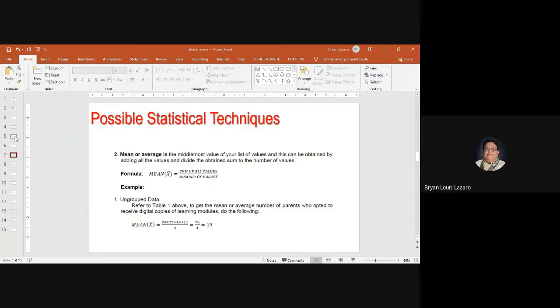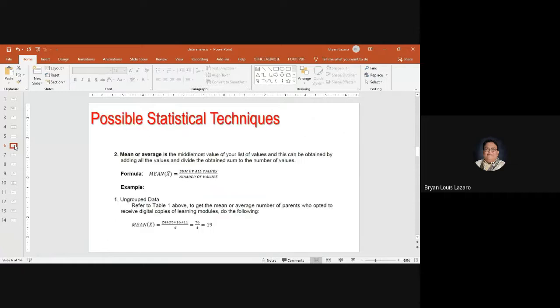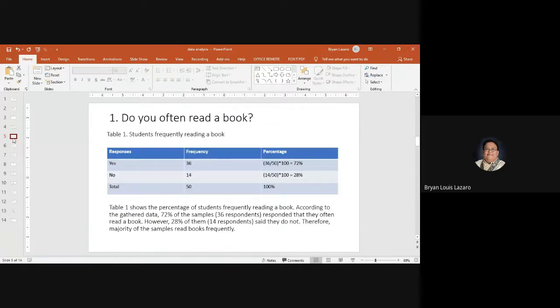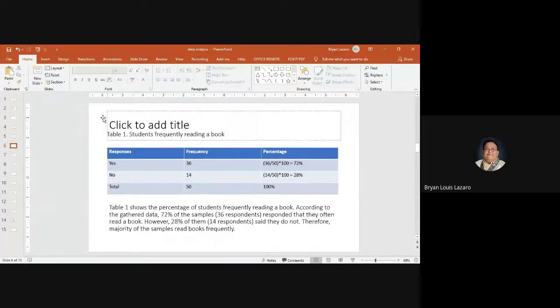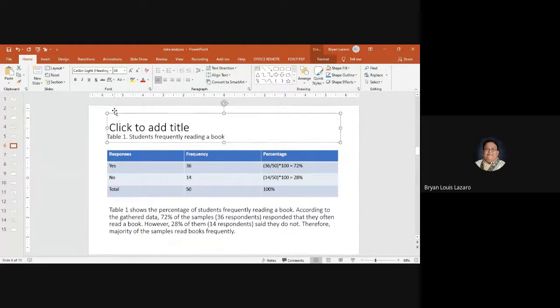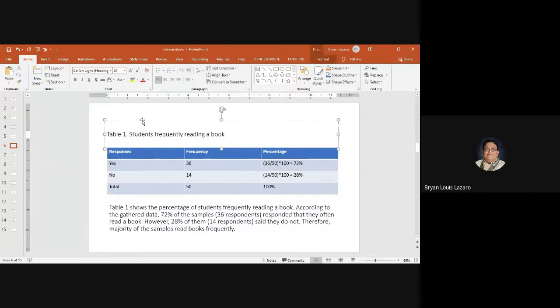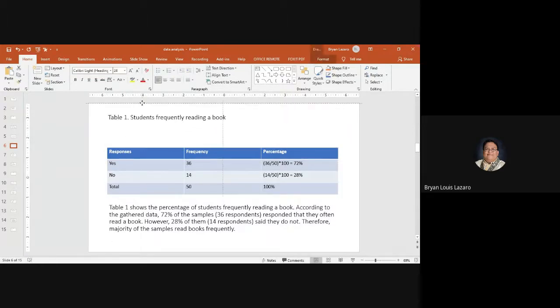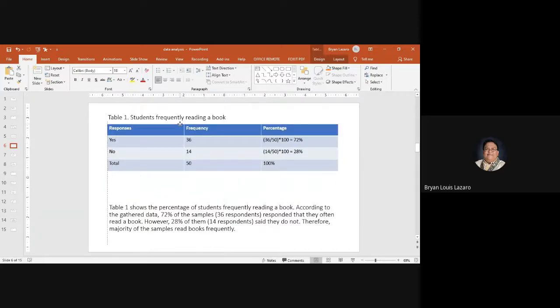Ano bang tanong natin sa checklist? Kunin natin yung gambling. Maganda yung gambling. Gambling tayo ha. Yung check as many as you can. Apo, sir.